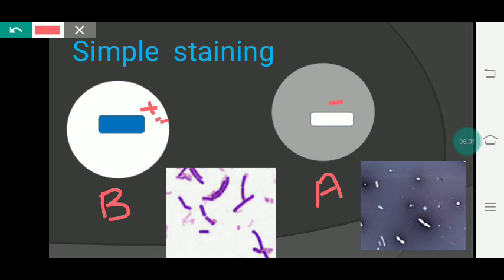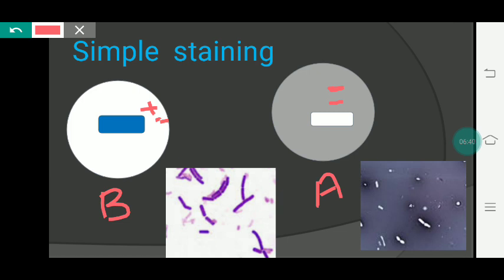So here our stain also has a negative charge. In this condition, ionic repulsion happens between the stain and the bacterial cell wall, so the stain does not stain the bacterial cell, it stains the background. Our bacteria remain colorless and the background is stained with acidic dye.